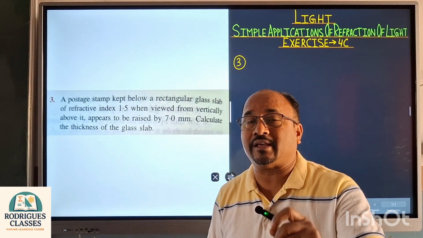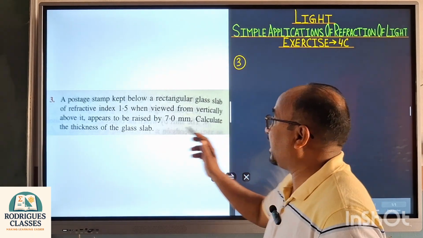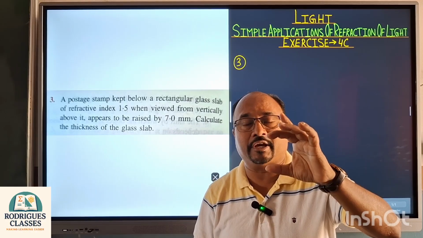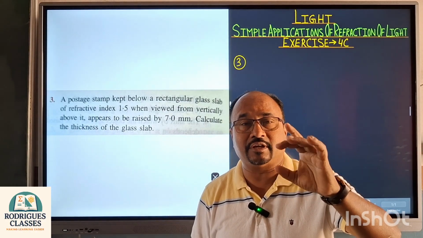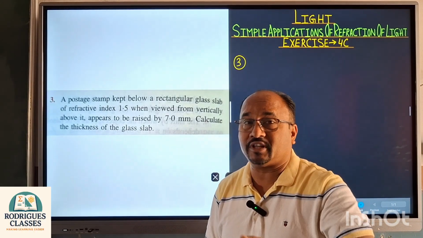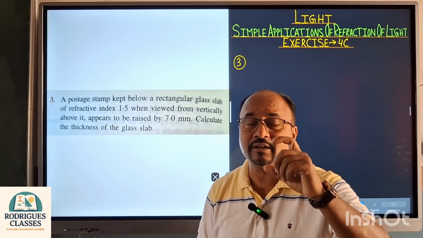Appears to be raised by 7 millimeter, means the shift is 7 millimeter. Calculate the thickness of the glass slab. So see, thickness of the glass slab becomes the real depth. So you have to find the real depth. Apparent depth is not given, shift is given, and we have to calculate the thickness of the glass slab, that is the real depth.